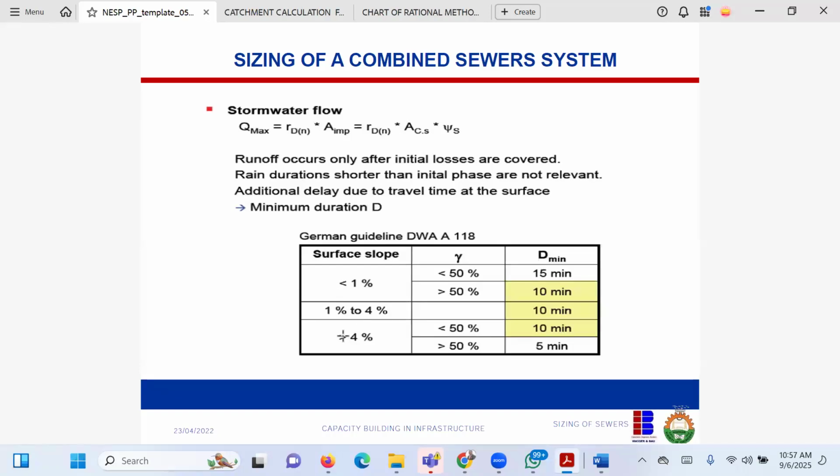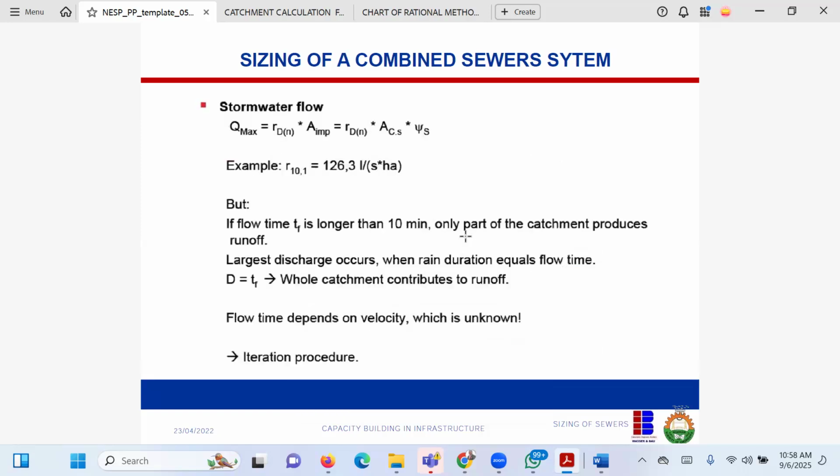But if the slope is more than 4% and the paved area is greater than 50%, you should use 5 minutes rain as your trigger. But for me, based on new development, 10 minutes is enough. Just go to the chart, read it up at 10 minutes.